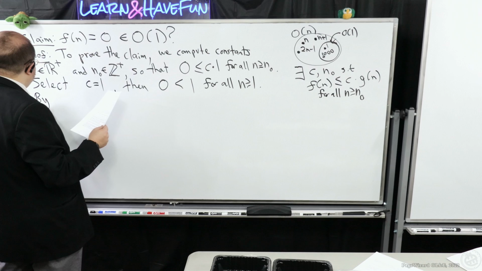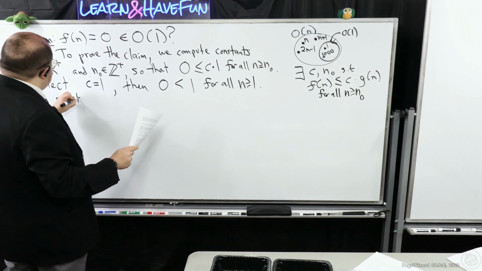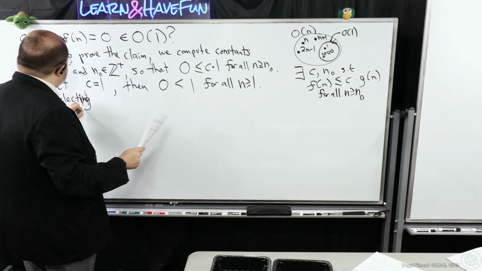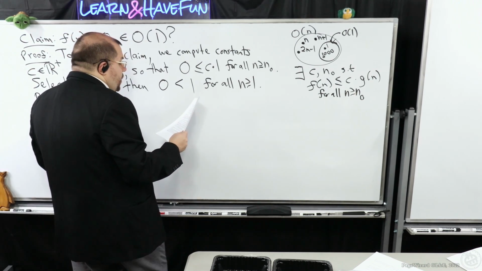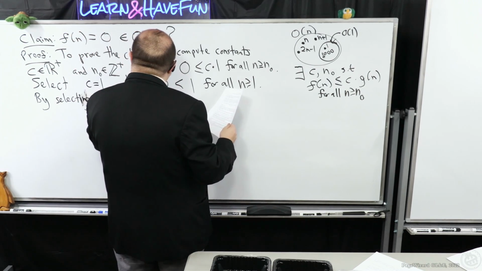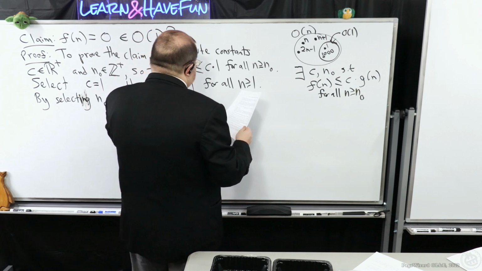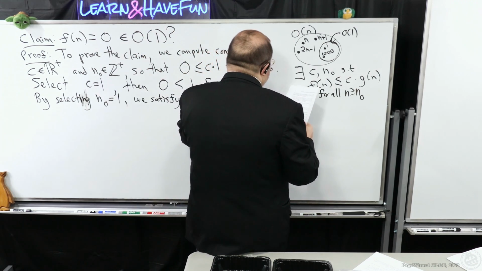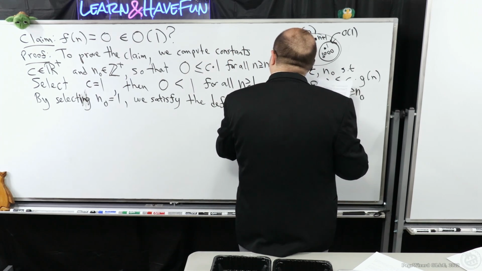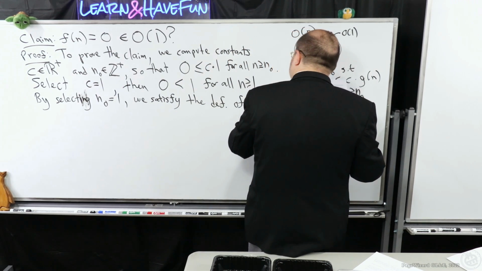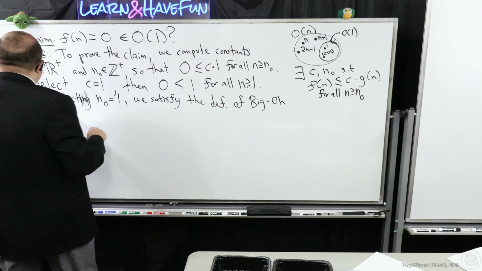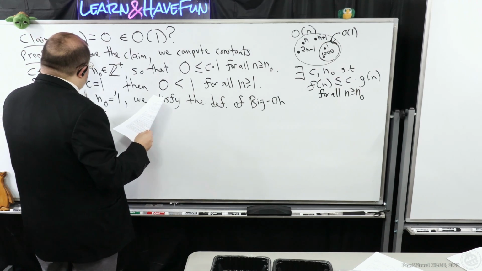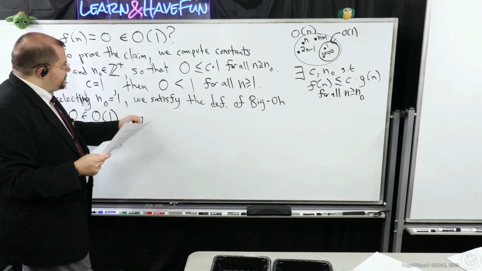So I'm just going to say, by selecting n0 is equal to 1, we satisfy the definition of big O. And 0 has to be in big O of 1. And that concludes the proof.